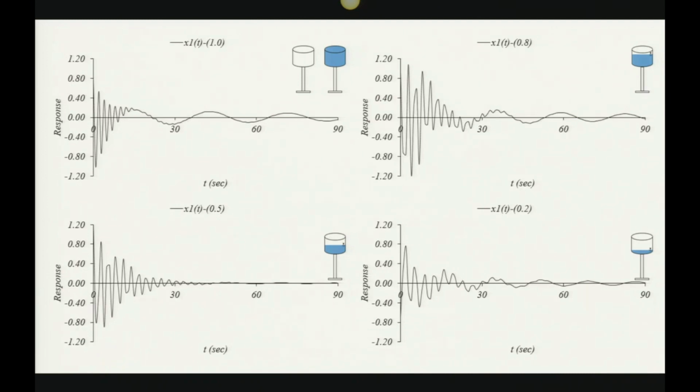It damps more than the two situations when we have 80% full and when we have 20%. So these two are behaving like full, 80% behaves exactly like if it was 100% full, or 20% behaves like if it was 0% full or 100% empty.